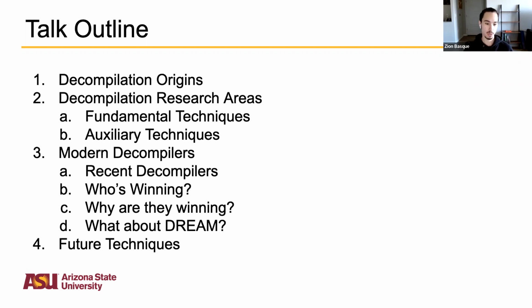The third thing we explore is modern decompilers. We'll talk about the big decompilers you've likely heard of already, and then we'll try to break down who's winning and if we can actually tell who's winning. I won't spoil that yet because that will be a fun section. And lastly will be future techniques, a brief addressing and questioning of the things we discovered in sections 2 and 3.